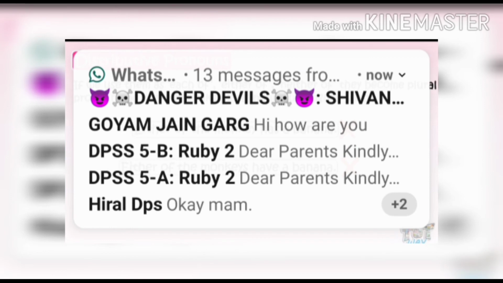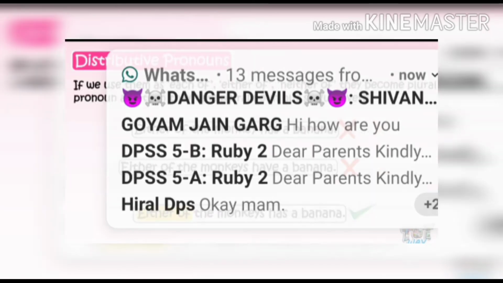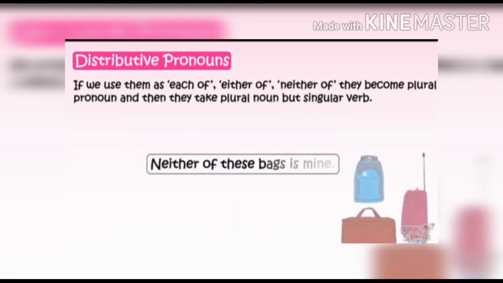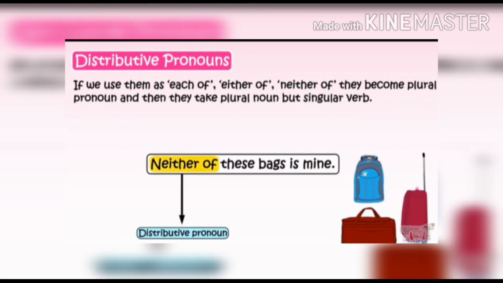So you have to say either of the monkeys has a banana. Monkeys is a plural noun and singular verb has. Neither of these bags is mine. So we have used the plural noun bags and the singular verb is.